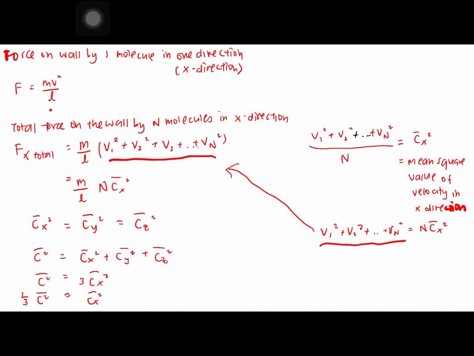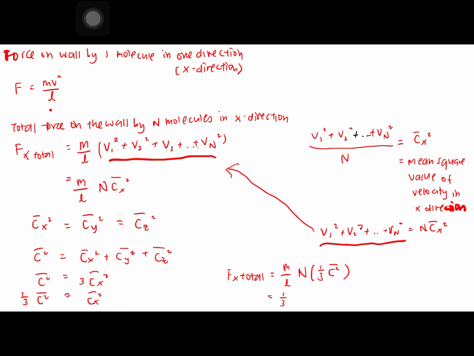So if I substitute that into my F total, what do I get? Fx total, my total force in the x direction: I'll get m over L n times 1/3 c square.